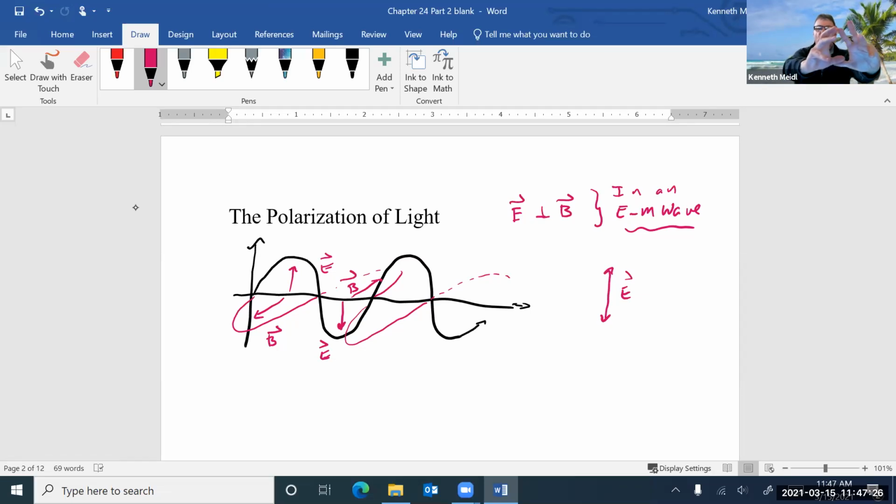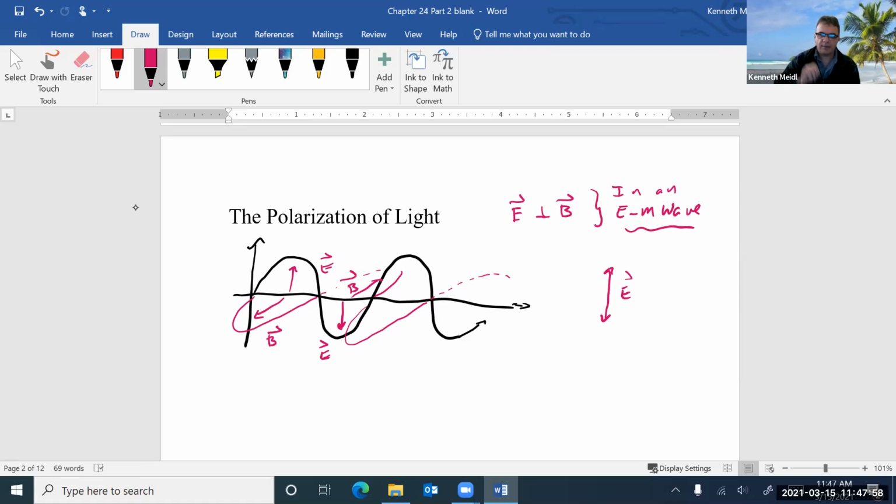Now, when you have a light bulb out in front of you, there are electric fields coming towards you like this, but there are also electric fields coming to you like this, at any sort of angle you can imagine. So light bulbs create waves whose electric field orientation is all over the circle, from 0 to 360.